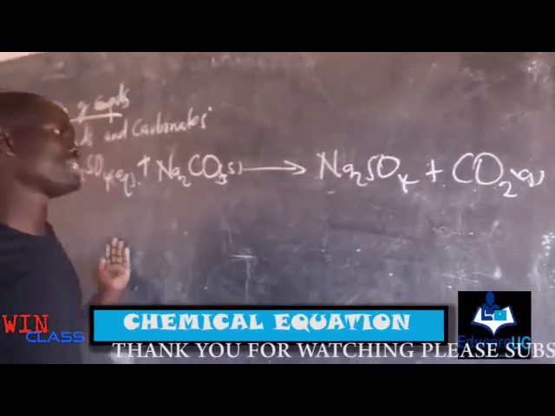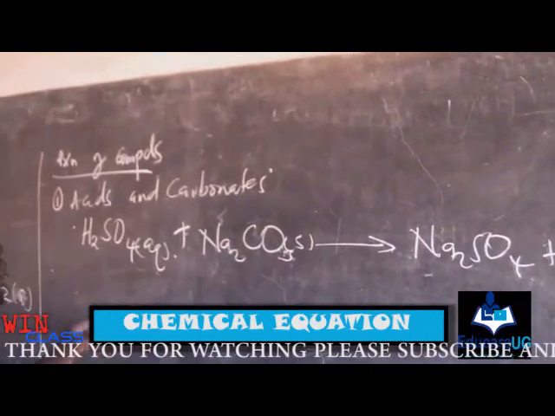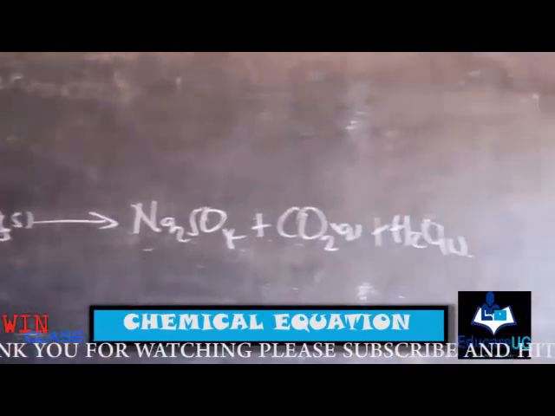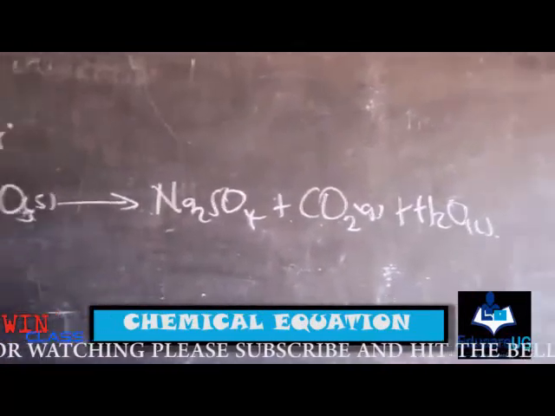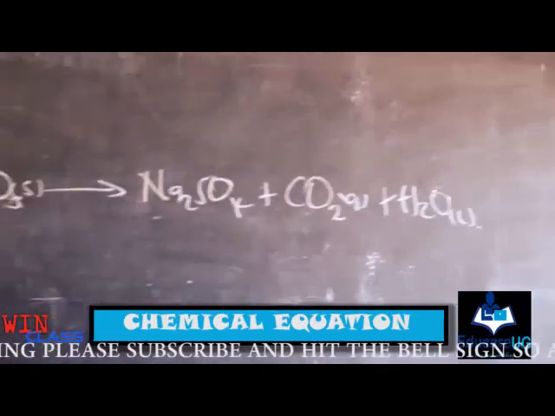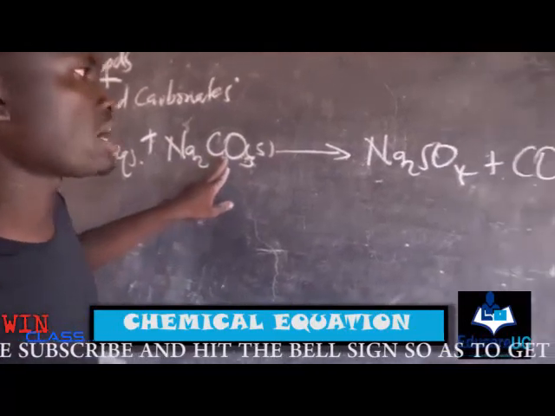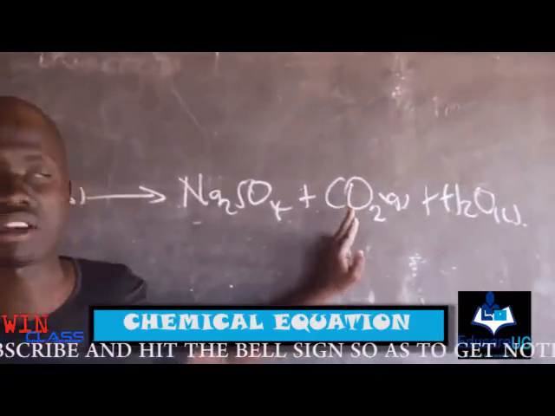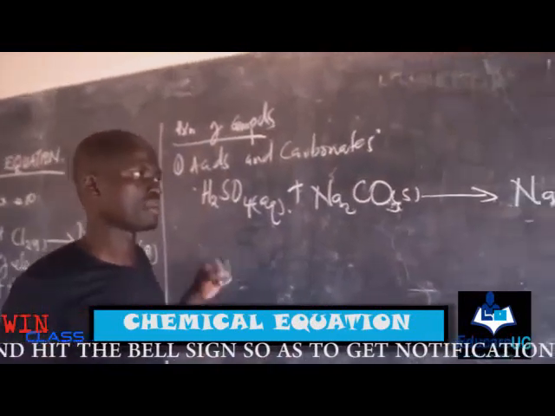At the end of the day, we just balance this. If you check very well, we have a sulfate which exists in sodium. We have 2 sodium, and 2 hydrogen existing within the water, and 1 carbon atom existing within carbon dioxide. Of the 3 oxygens on the carbonate, 2 exist on the carbon dioxide and 1 on water. And therefore this equation is considered balanced.